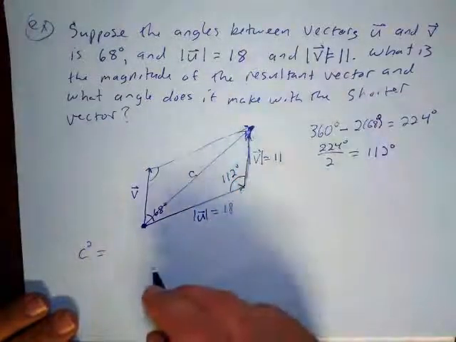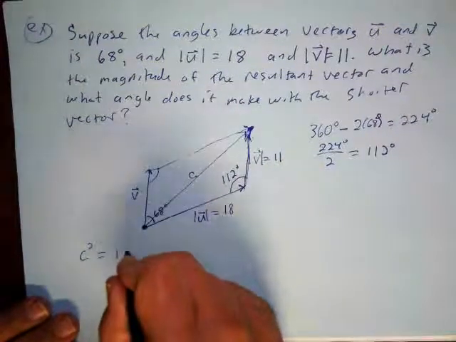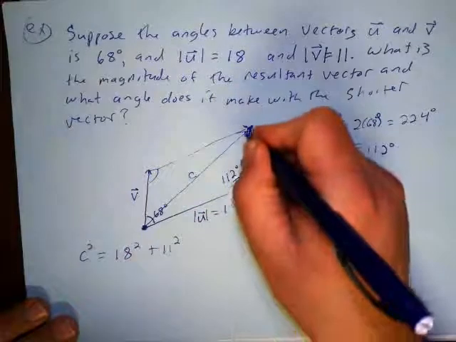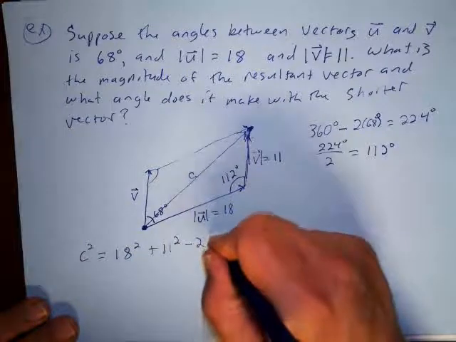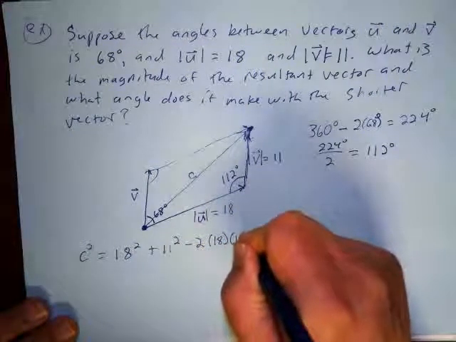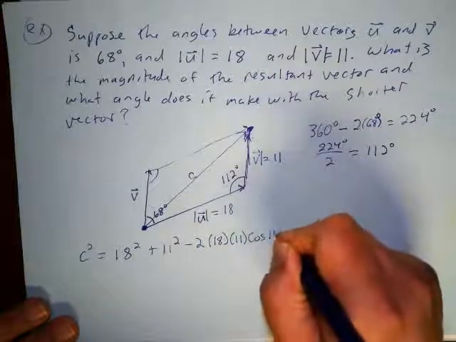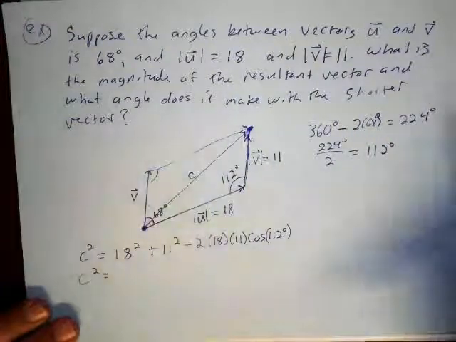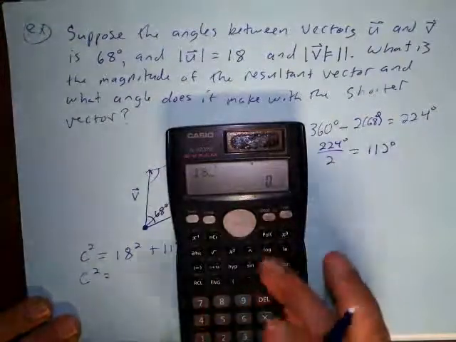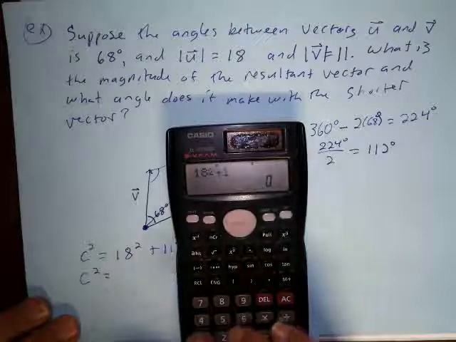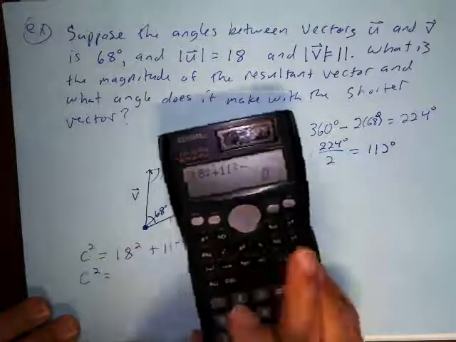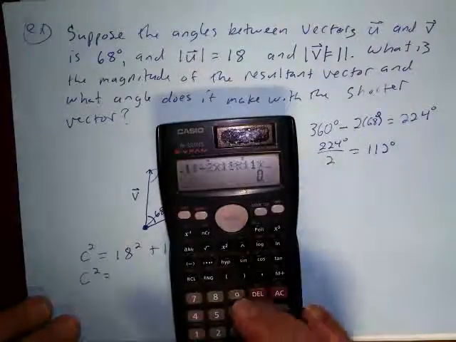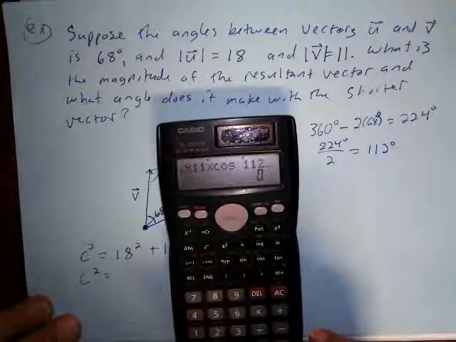So now I'm going to use the law of cosines. 18 squared plus 11 squared. This is the two sides and that angle. So minus 2 times 18 times 11 times cosine 112 degrees. So c squared is equal to 18 squared plus 11 squared minus 2 times 18 times 11 times cosine of 112 degrees.